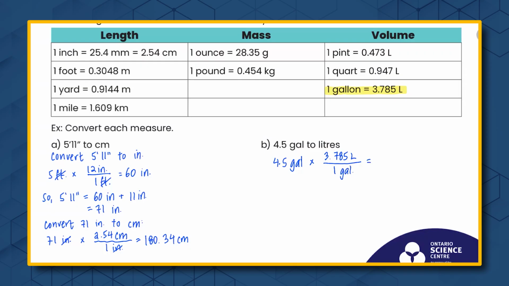When I multiply, the gallons will divide out. That means I have 4.5 times 3.785 liters, which gives me a grand total of 17.0325 liters. So 4.5 gallons is equivalent to 17.0325 liters. And that is how we convert between the metric and the imperial systems.